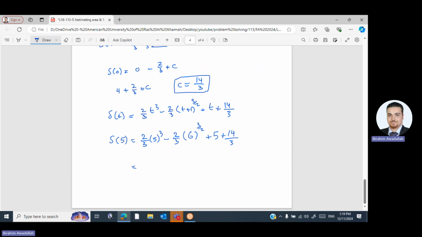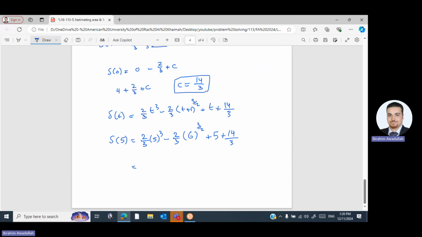2 over 3 and 6 to the power 5, 3/2, and plus 5 plus 14 divided by 3. I hope I did it without mistake. Yeah, it's a math error.